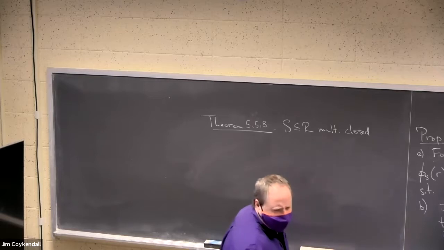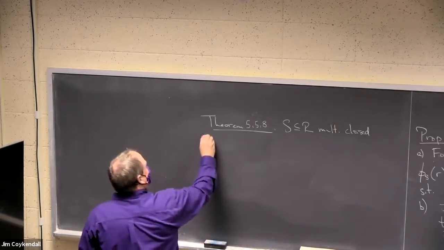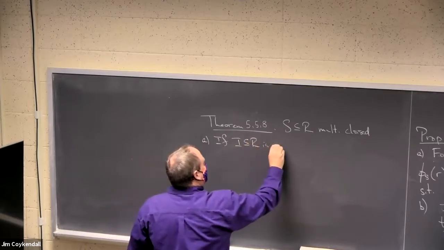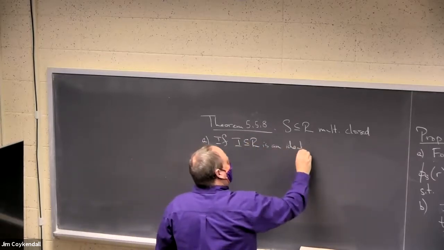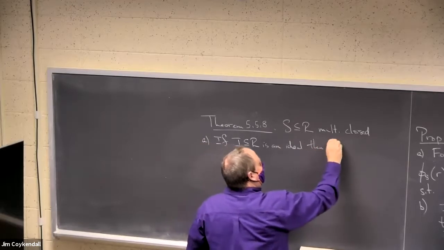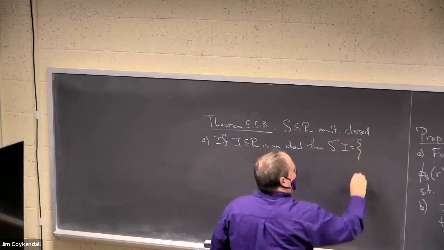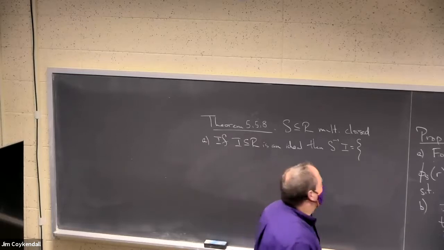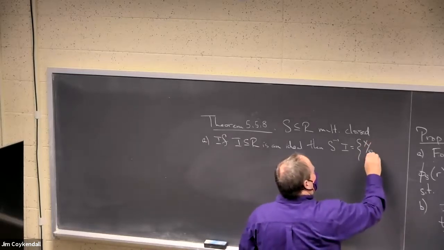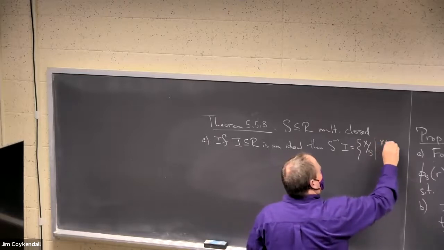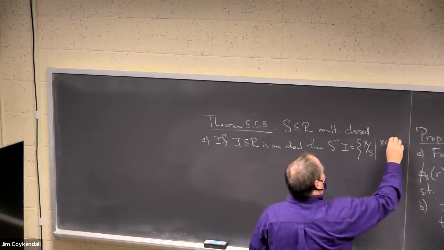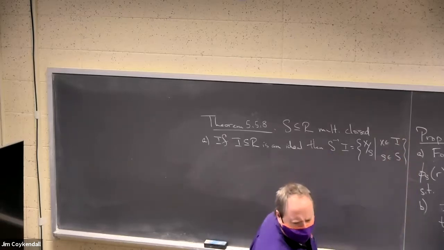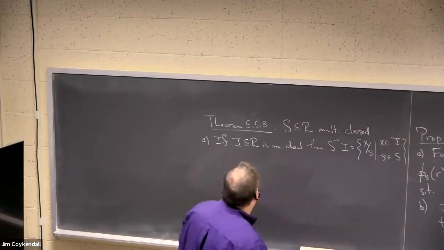If I is an ideal of R, then S inverse I, and I think the notation here is pretty suggestive, this is a set of things that look like this, is an ideal of R_S.